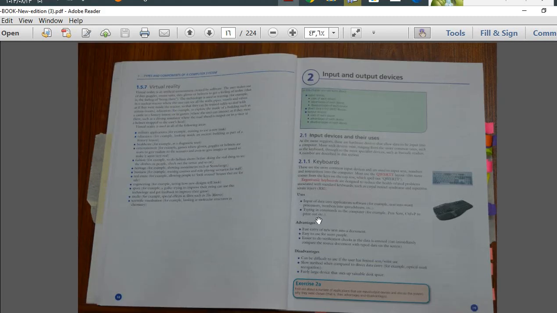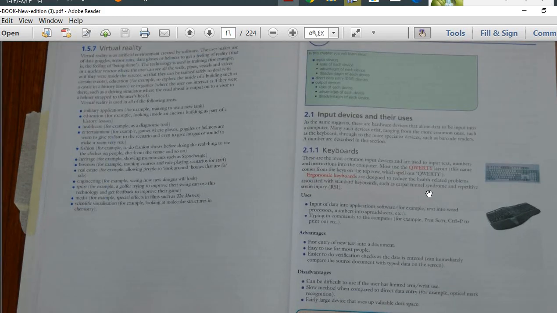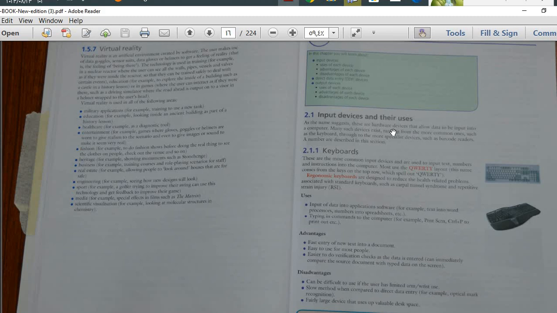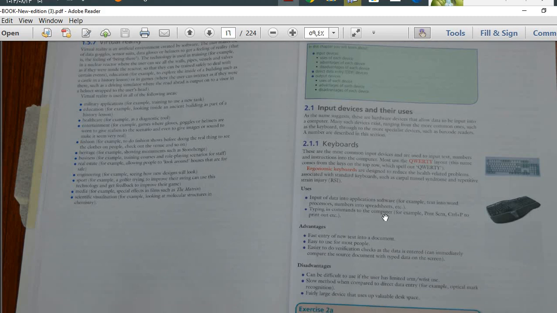In chapter 2, we will talk about the input and output devices. Look at them. Input devices like the keyboard, like this.